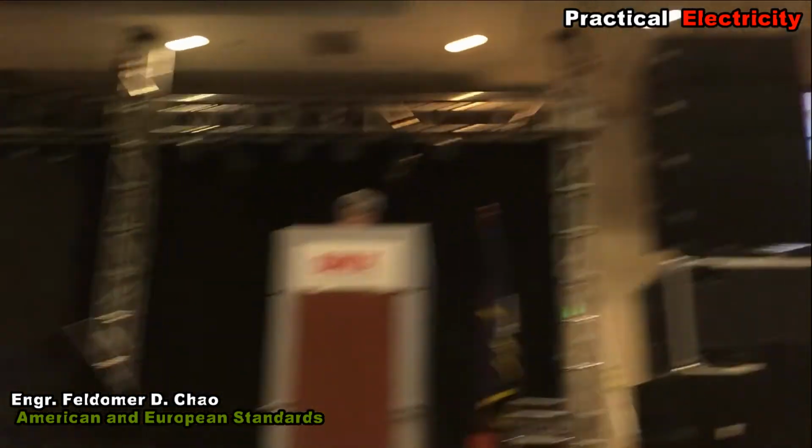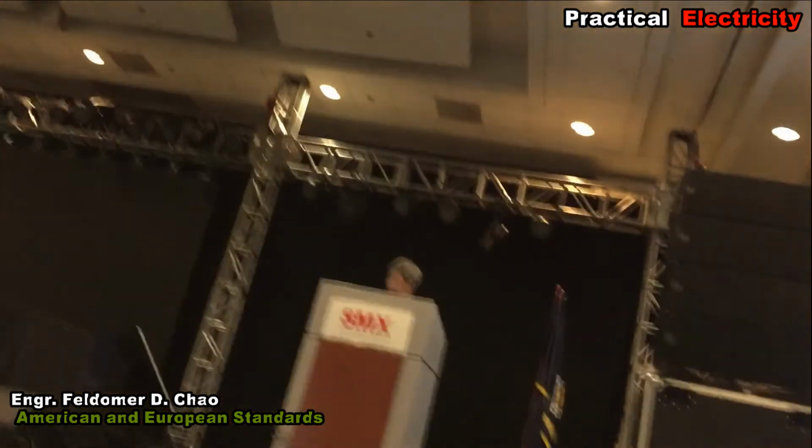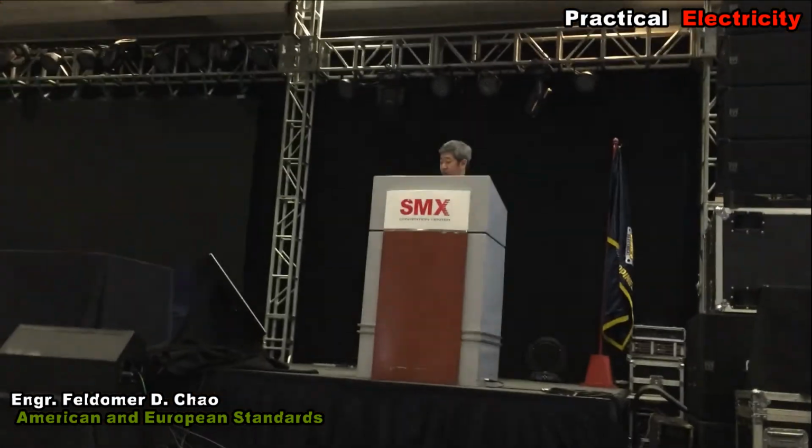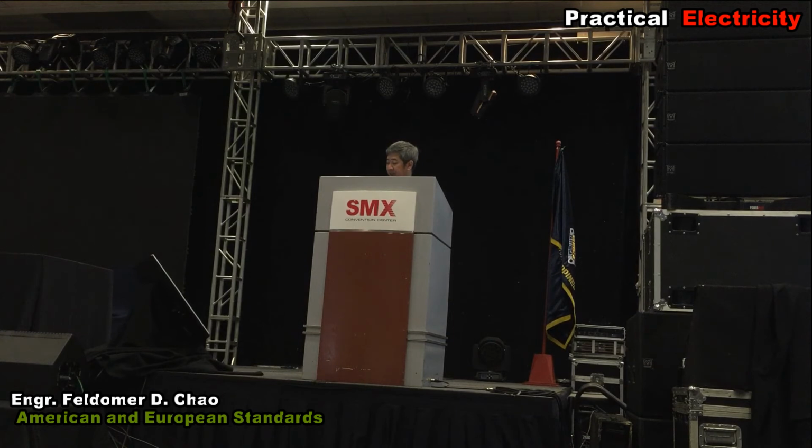So you have your high voltage: for the American, 69 to 230 kV, and for the IEC, 35 up to 230 kV. Then your extra high voltage: 230 kV to 1100 kV for the American, and for the European, 230 kV to 1200 kV.